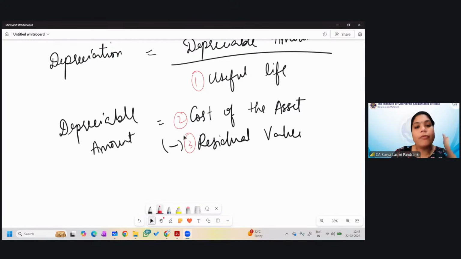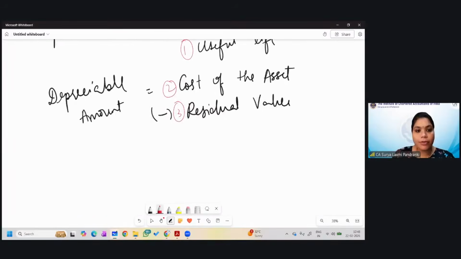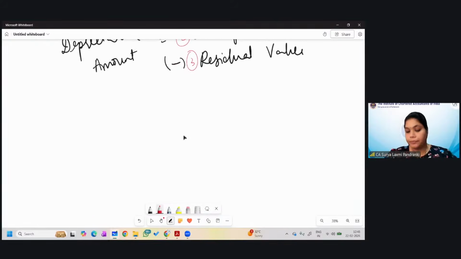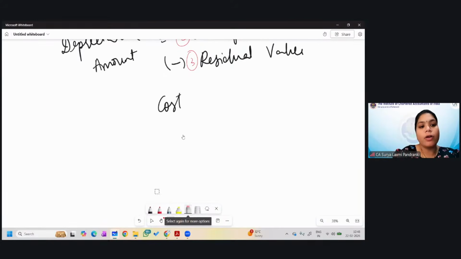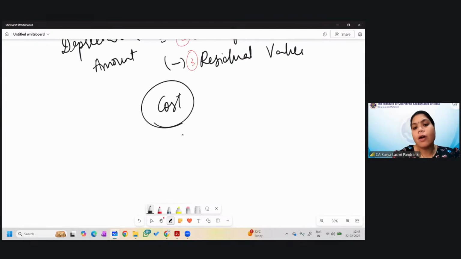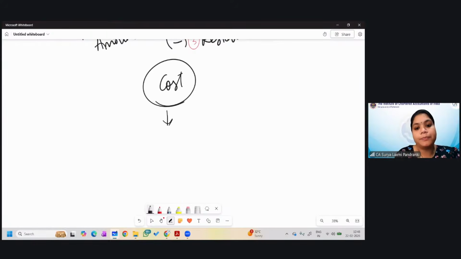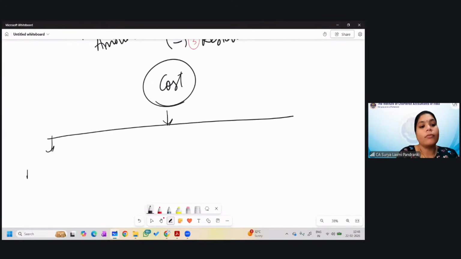Okay, these are the three factors we are using for calculating the depreciation, right? Now, when I say cost, what is included in cost? Do you remember this cost when we were discussing inventory? I told you a few inclusions and exclusions in cost. Anyone who can tell me this? I'll just start so that you remember.